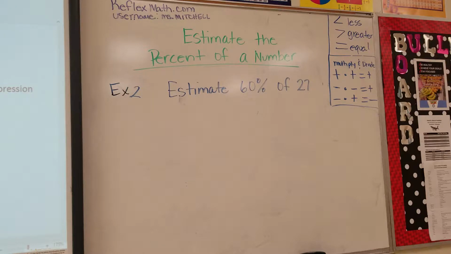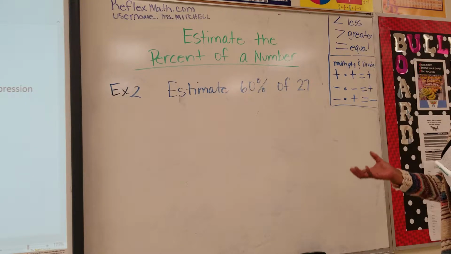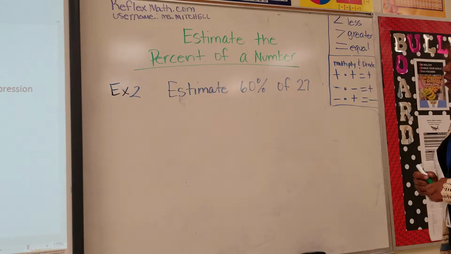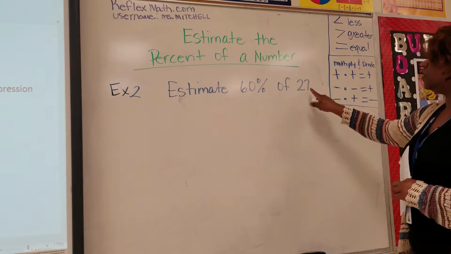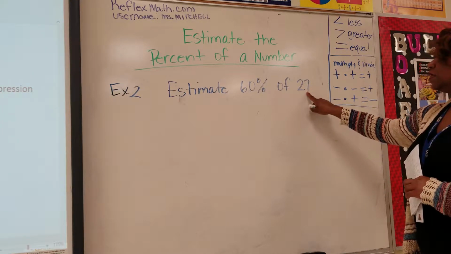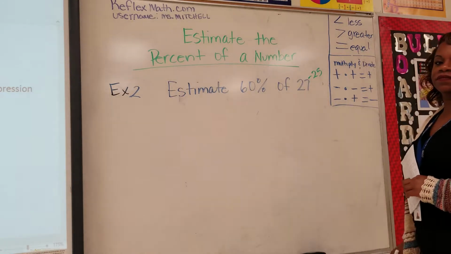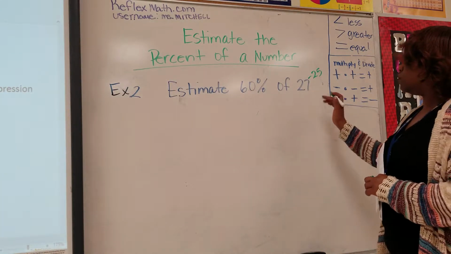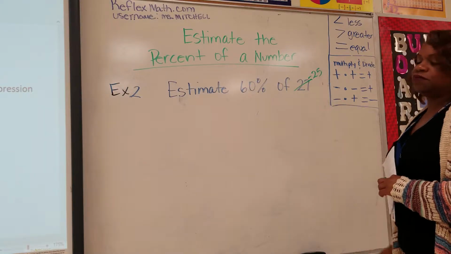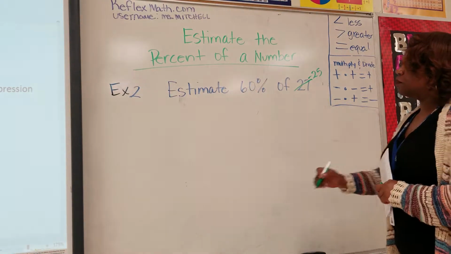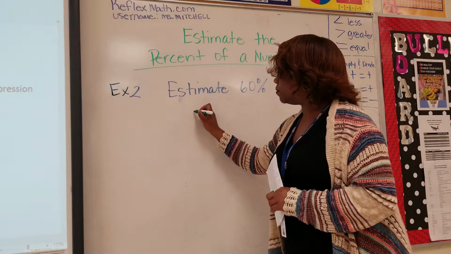Now I want to tell you, with estimation you can go up or you can go a little bit down, okay? So you don't always have to go up. Instead of leaving this as 27, I think it'll be easier for us to look at 25. So instead of 27, we're going to put 25. Then we turn this 60% into a decimal.